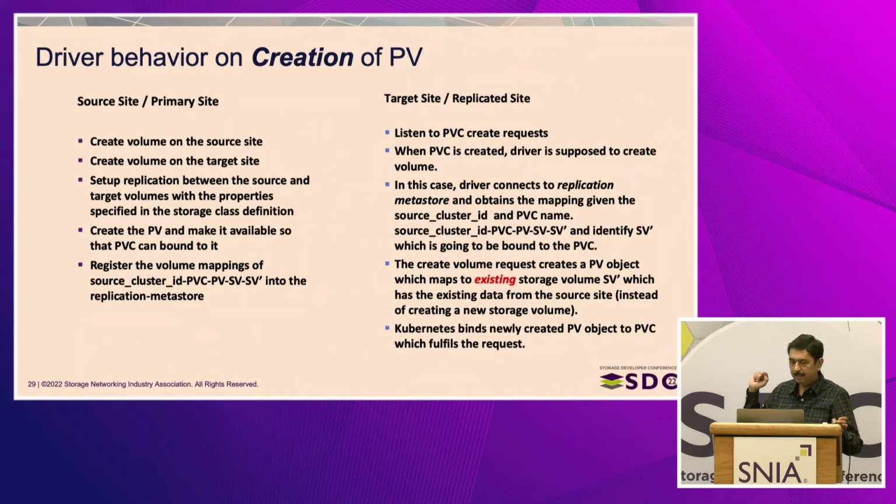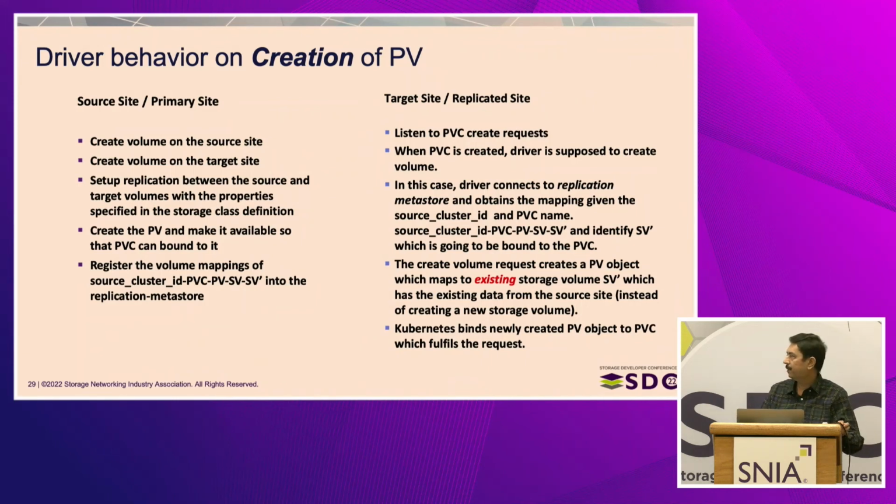So when you are dealing with the create volume request on the target side, you're actually not creating a volume, but you're picking the existing volume, which is SV dash, and returning that to Kubernetes, so that the PV created by Kubernetes will map to SV dash, which is the target volume, which has the data, and that one will bind to PVC. So basically, now you have assigned the SV dash to the persistent volume claim request.